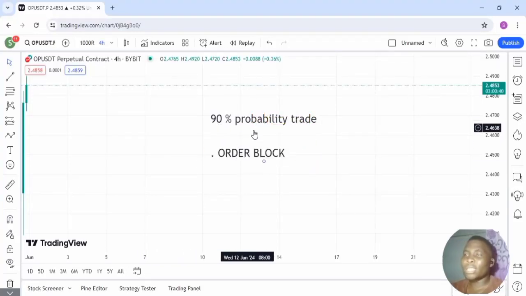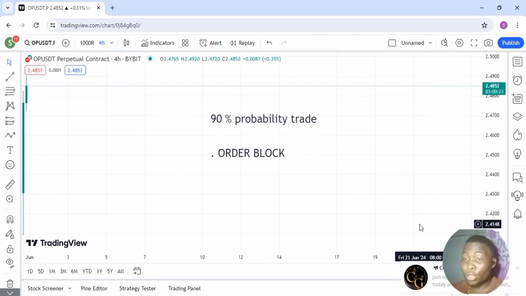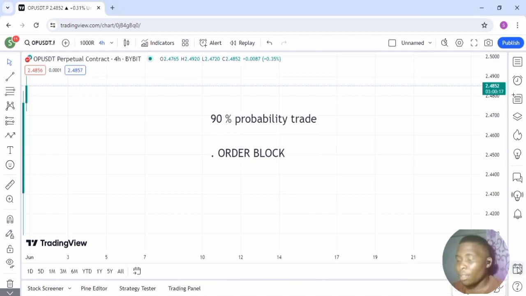Now we'll be talking about a 90% probability trade, and specifically a valid order block. You've heard about institutional reference points: an order block, a fair value gap, a liquidity void, a mitigation block, and all that.